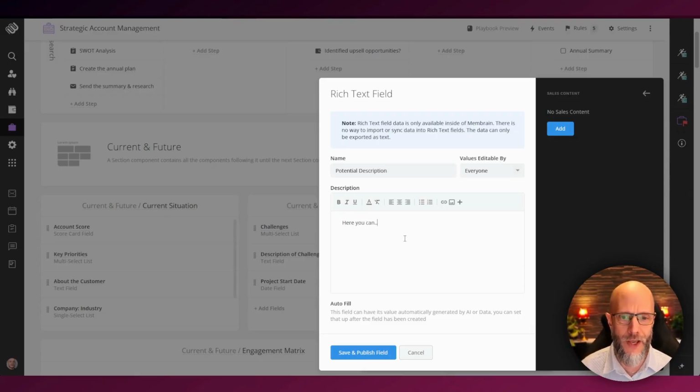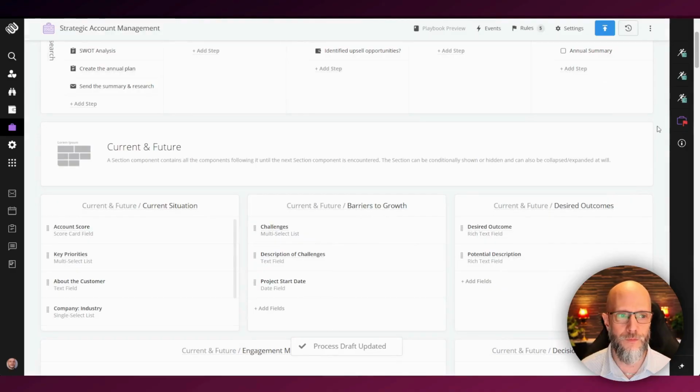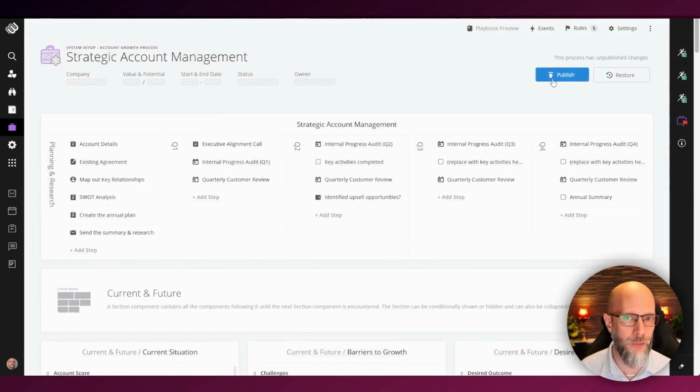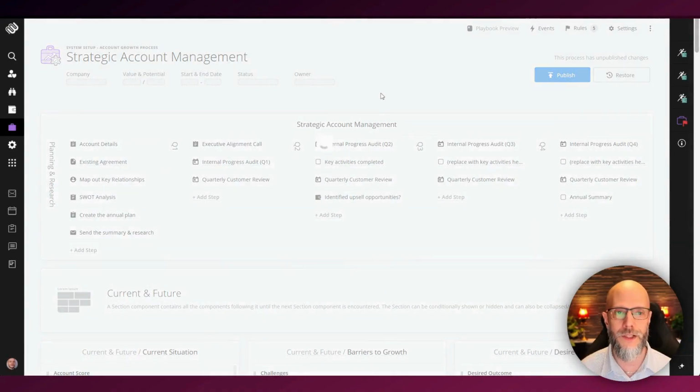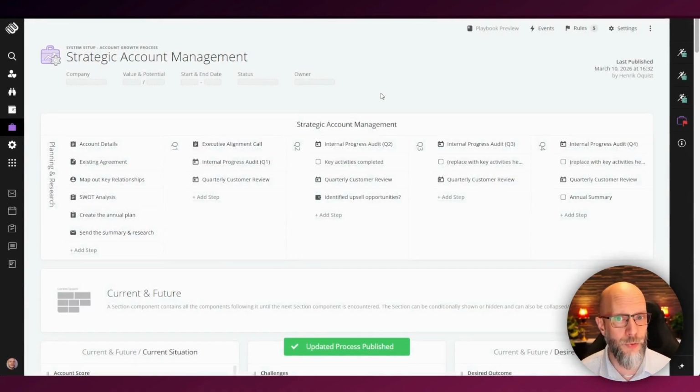And here you can outline where the potential is intended to come from, how we are going to execute on materializing it, and so on. So save, going back to the top, and I'm going to publish this process, clicking OK. I have an updated process available to everybody on the team.